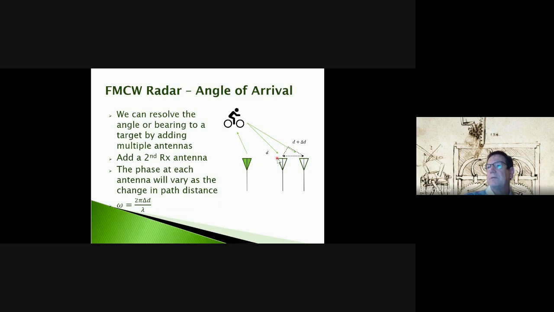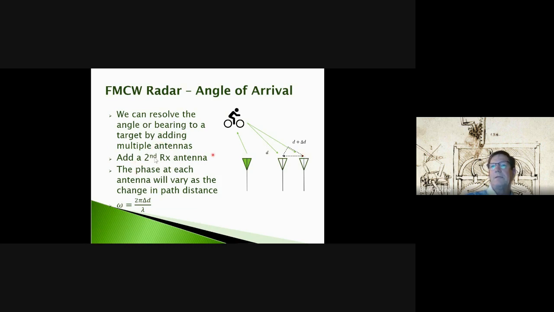You'll see some of the similar type of notations. We've got a transmit antenna out here, and now we have two receive antennas. The distance from this target object back to this antenna is D, and this is D plus delta D, right? So there's some additional distance that it is traveling, okay?